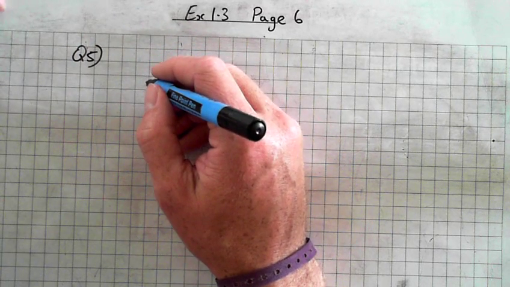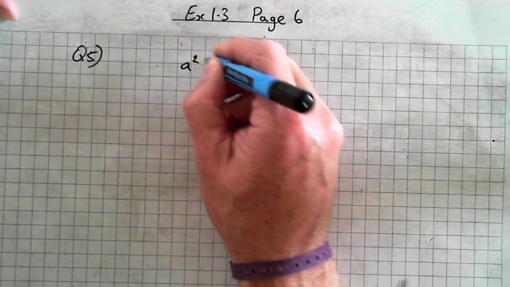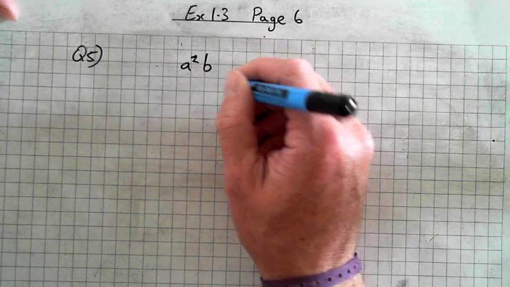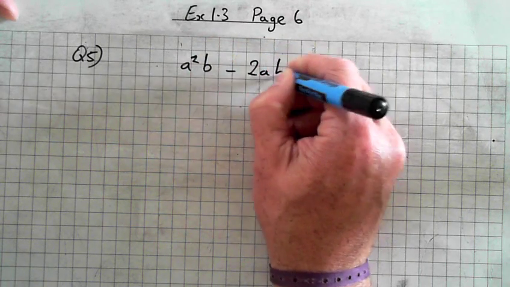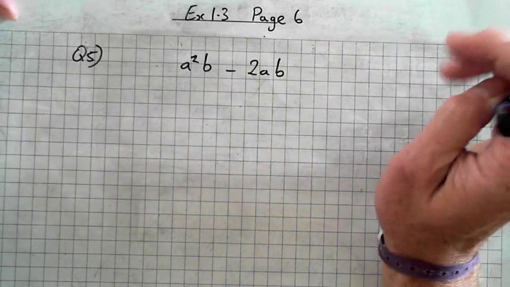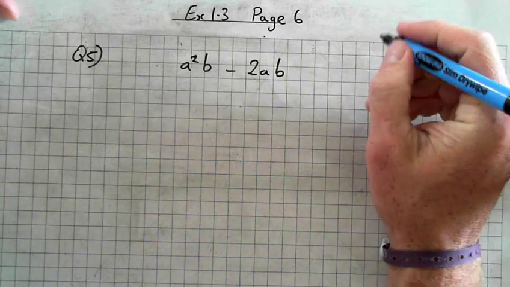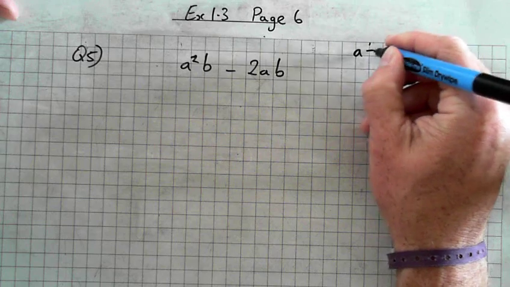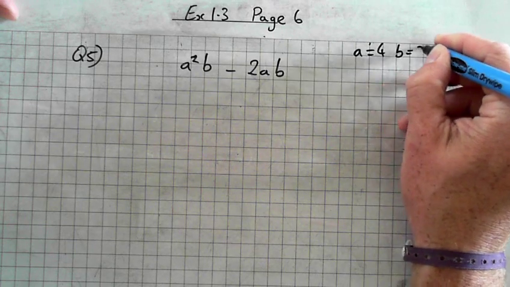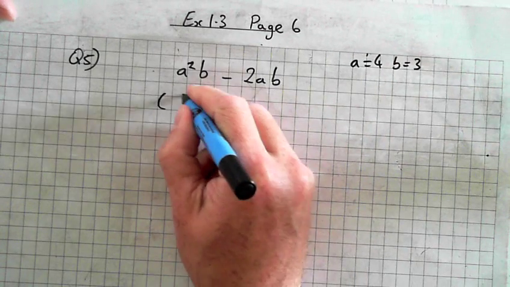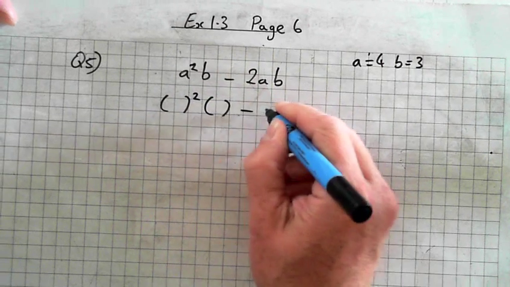Question 5 IV. So a squared b minus 2ab. Now you should look up here and pay attention. A is 4, b is equal to 3. Right, again, replace everything with brackets.